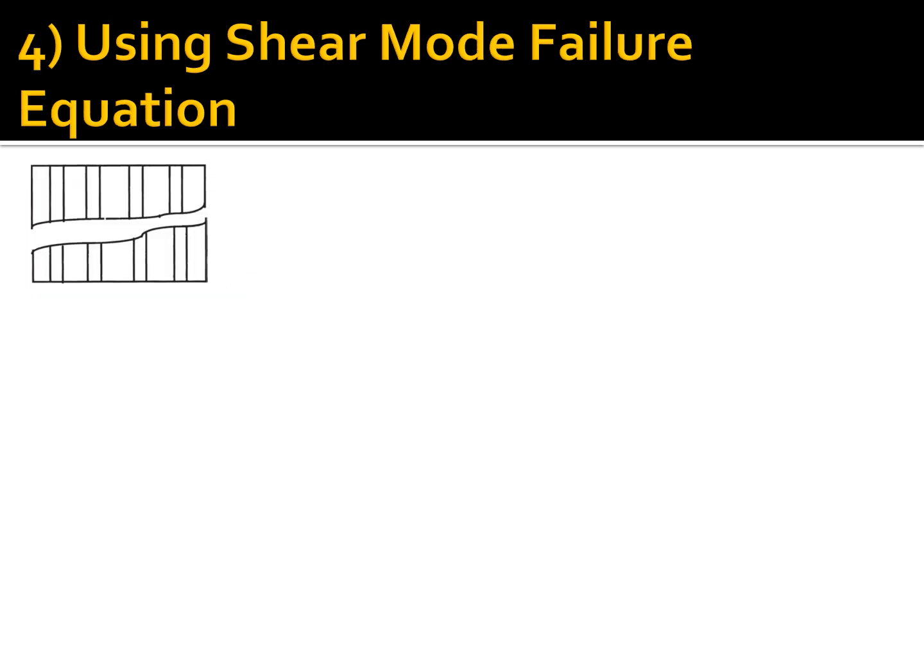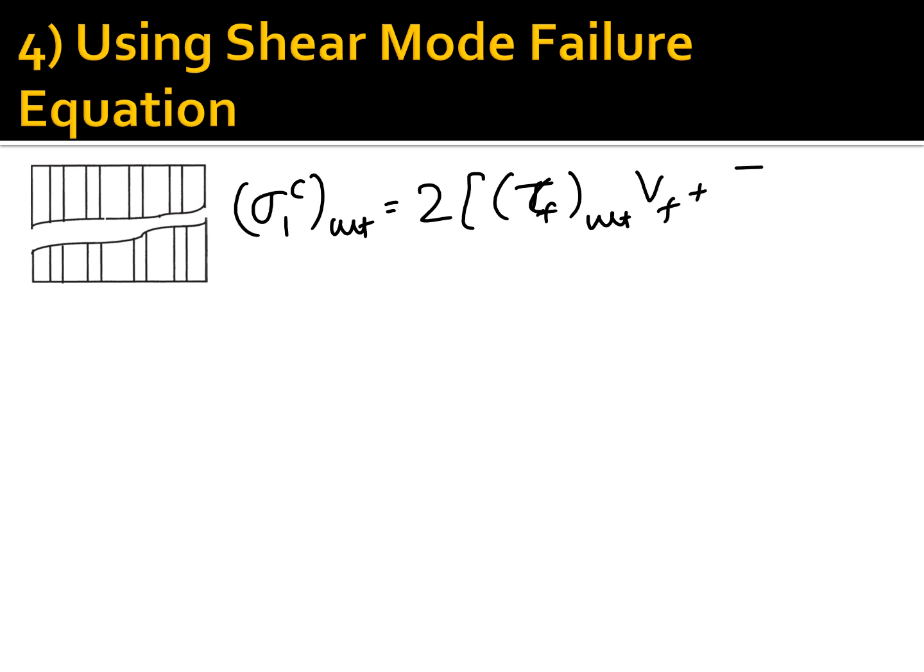The last mode of failure which we discussed is the shear mode failure, and for that the formula which we showed was this one, which is based on the ultimate shear strength of the fiber and the ultimate shear strength of the matrix. So these numbers are given to us.